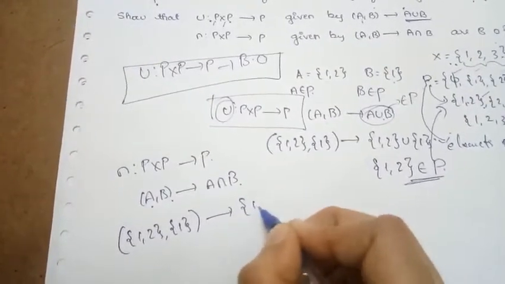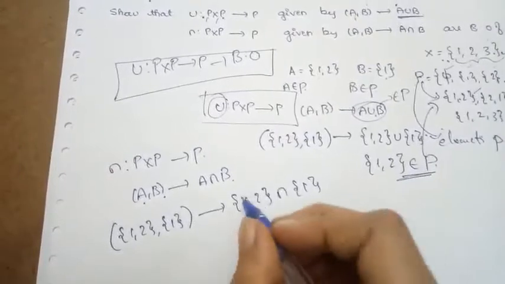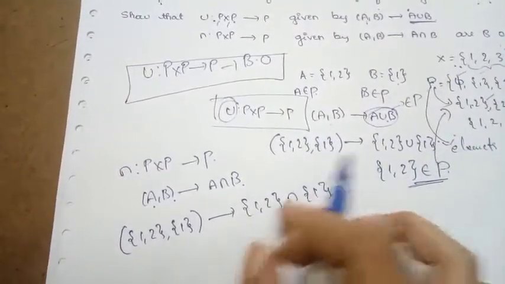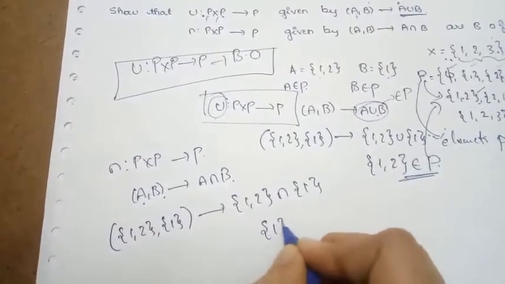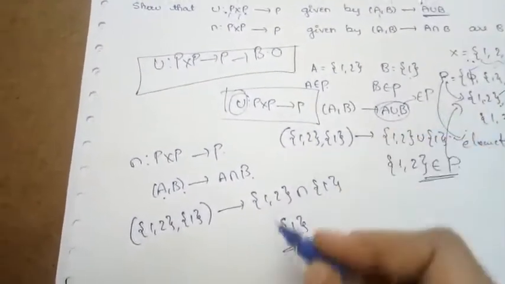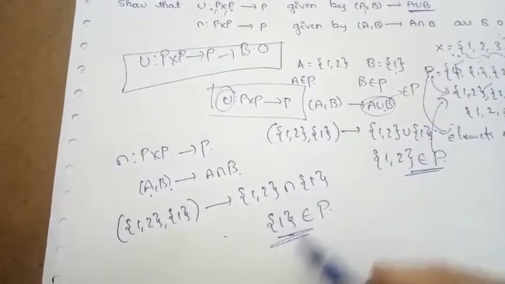The operation between those two sets is intersection: {1, 2} intersection {1}. The intersection is nothing but {1}, and this {1} also belongs to the power set P.